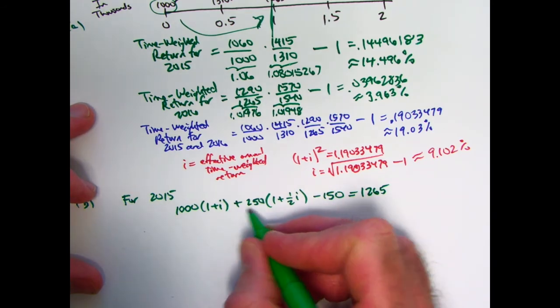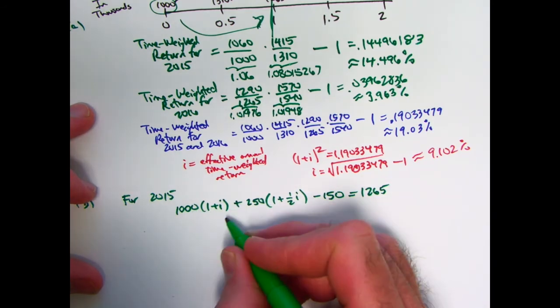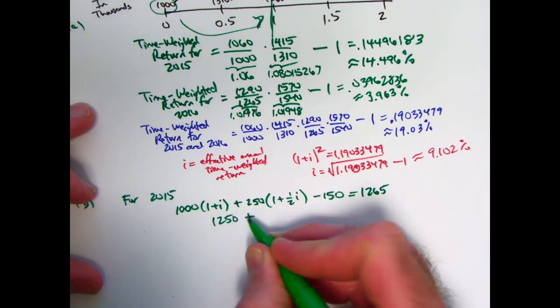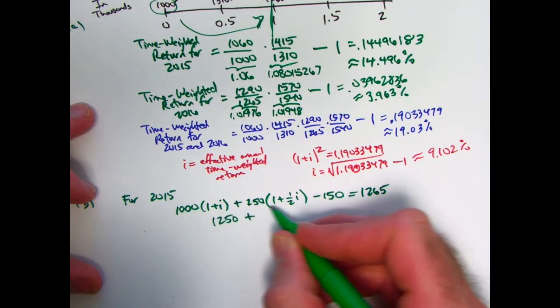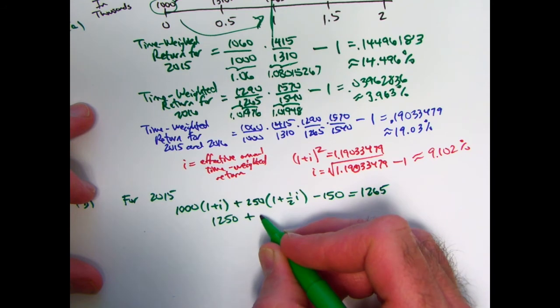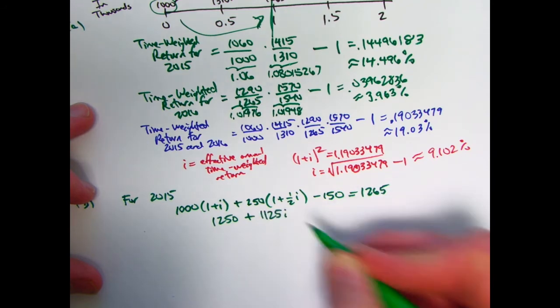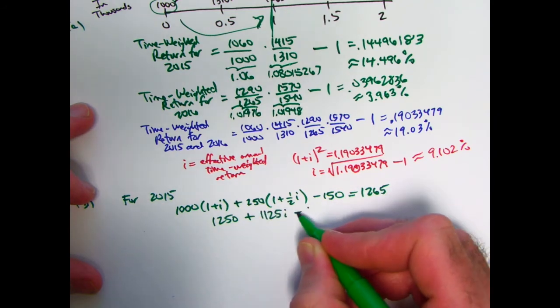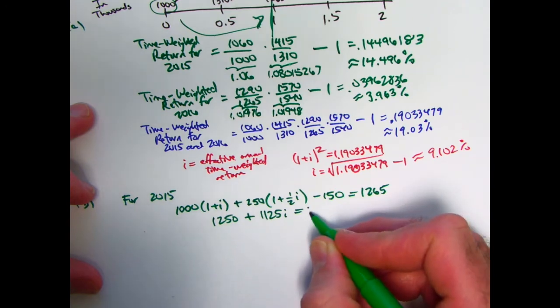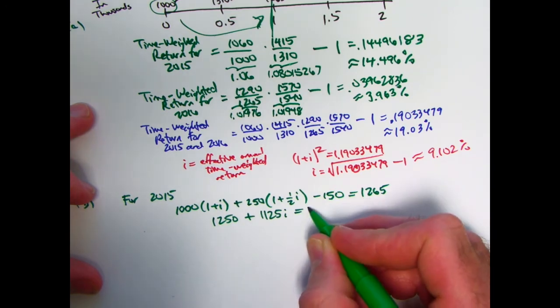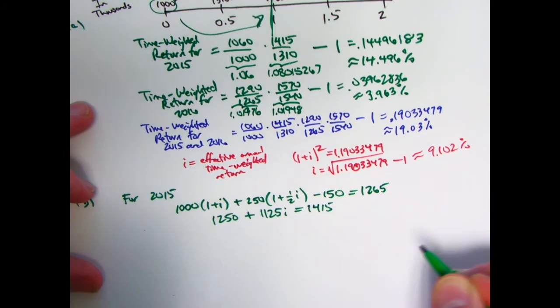We can pretty quickly solve it here. We got 1,000 times 1 and 250 times 1 is 1,250. We've got 1,000 times i and 250 times a half i. That'll be 1,125 i. Minus, well, okay, let's add the 150 to both sides. On this side, that's going to give us 1,415.